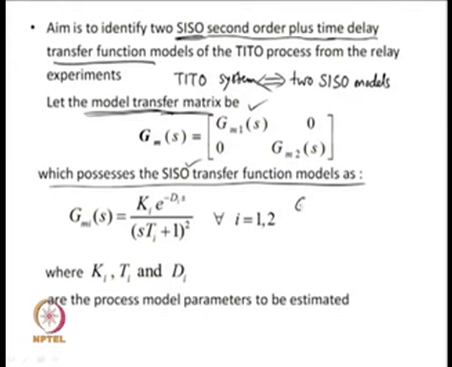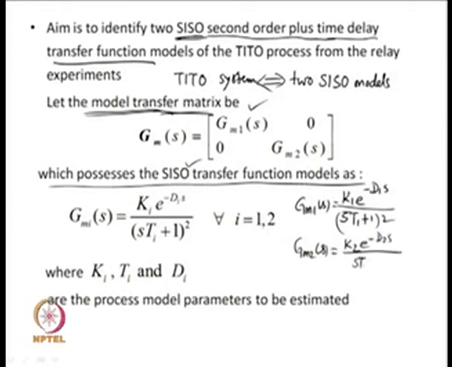That means G_M1(s) will be equal to K1 e^(-D1 s) / (T1 s + 1)^2, and G_M2(s) will now become K2 e^(-D2 s) / (T2 s + 1)^2.